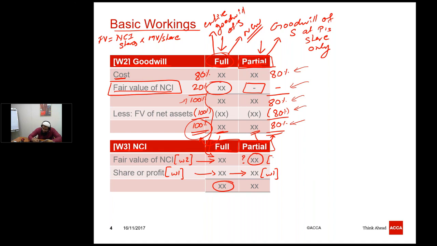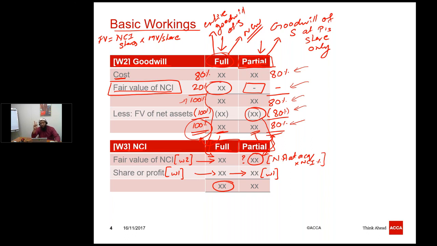We are going to use the net assets at acquisition multiplied by the NCI percentage. In case of partial goodwill method, we are going to use the net assets at the date of acquisition, which we have also used over here. So 80% of the net assets will be taken to goodwill and the remaining 20% will be taken to the NCI.